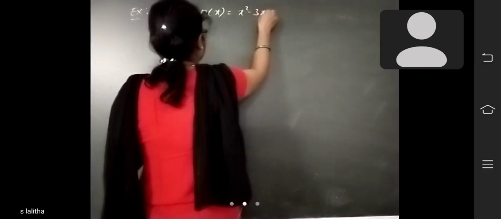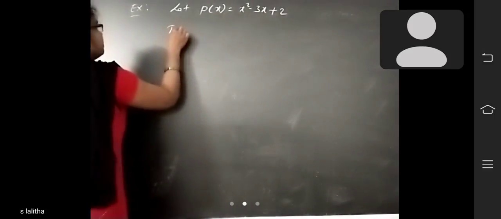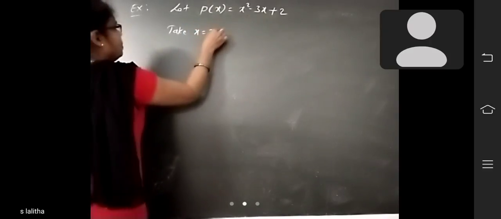Next on the page, example 4. Verify whether 2 and 1 are zeros of the polynomial. So let p of x is equal to, what is the given polynomial? X square minus 3x plus 2. So you have to verify 2 and 1 are the zeros of this polynomial or not. First, you can take x equal to 2.